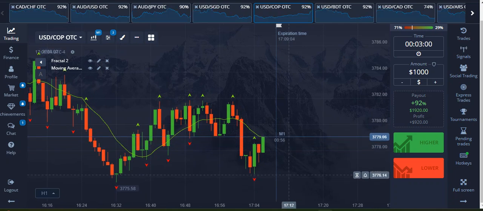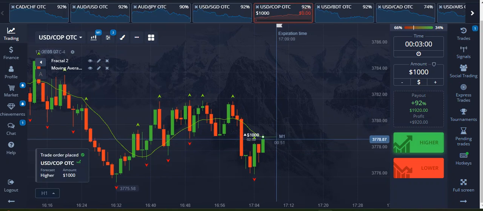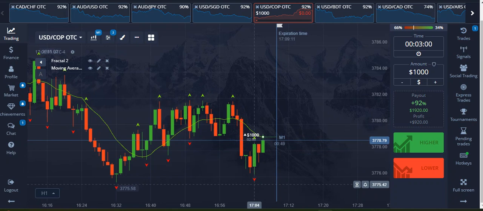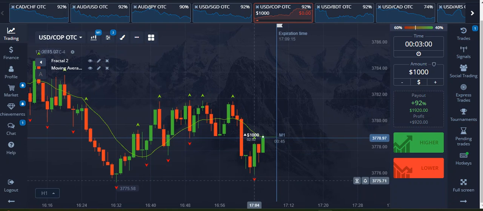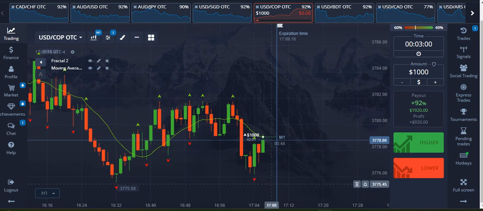All right, so looks like this fractal. All right, we just created a fractal here, so I'm gonna take a call trade. Just as I came upon this currency pair, see there's a red fractal over here. And that tells us to take an up trade.